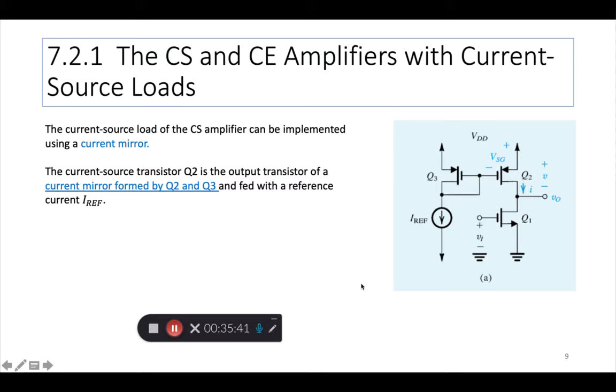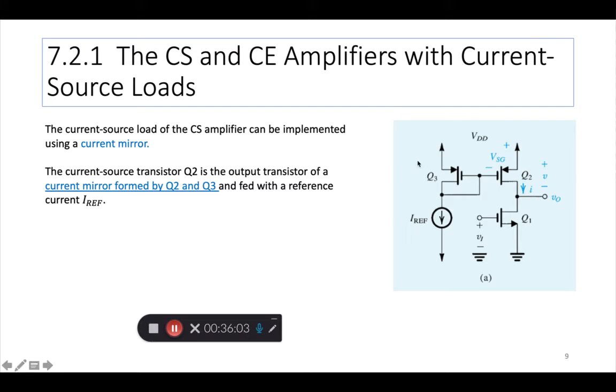Now we have seen a current mirror circuit, but we never did much work with it. But it's appearing again. And again, I promise you, when we look at topic 7.4 next week, we'll study current mirrors also. So again, bear with me. We'll do more analysis next week.